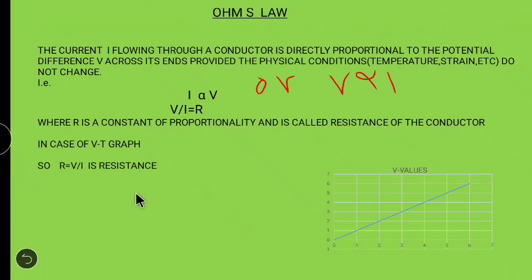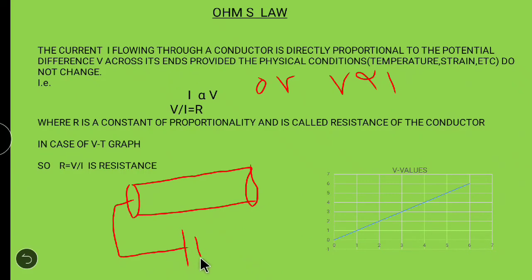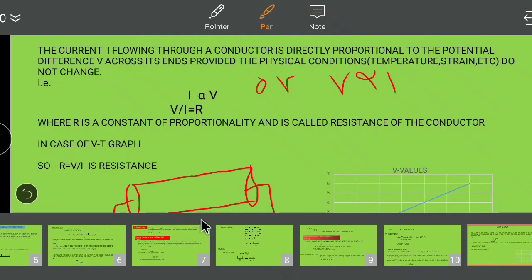Students, let me elaborate it. See here is a section of a wire. I am drawing the same figure as I have drawn earlier. So this portion of the wire, I have connected it through a battery. So this is the positive terminal and this is the negative terminal of the battery.